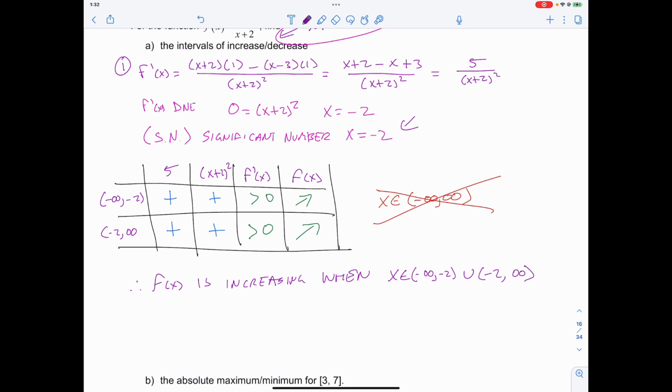It is not increasing when it equals negative 2 because it can't equal negative 2.